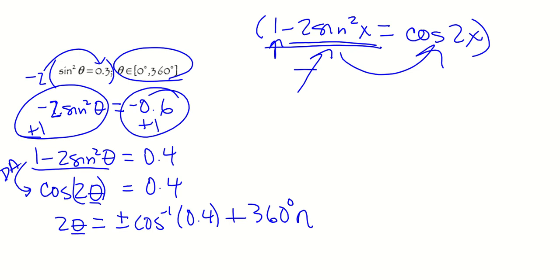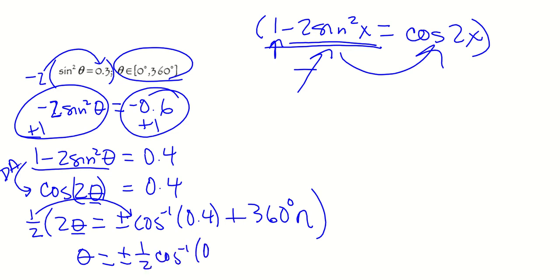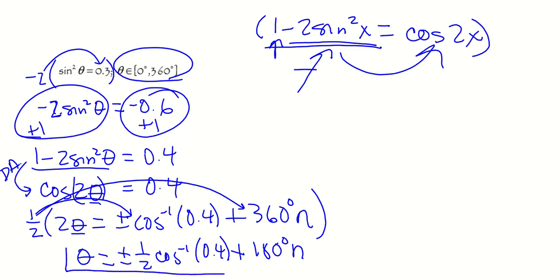I want to get theta by itself, so I'm going to divide both sides by 2, and I get theta equals plus or minus 1/2 times the inverse cosine of 0.4 plus, this 1/2 goes across this plus sign, and half of 360 is 180 degrees n. This is my general solution for theta.